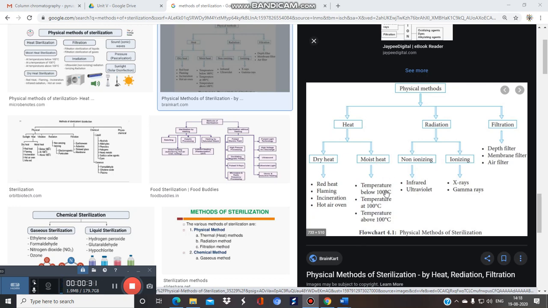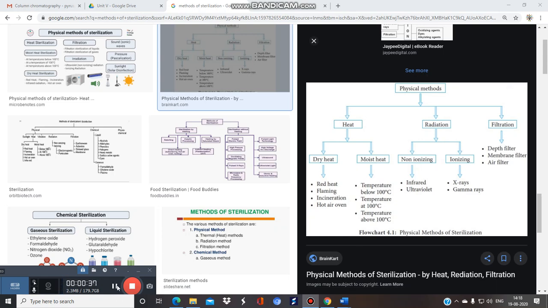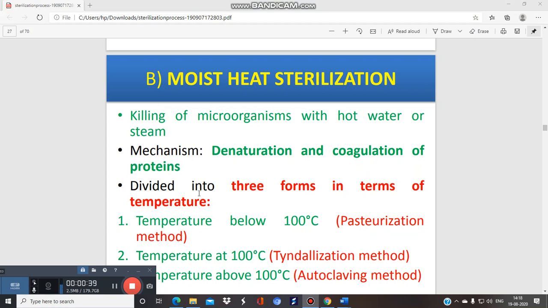As you can see, moist heat is divided into three methods, according to their temperature ranges. It has a mechanism of denaturation and coagulation of protein. It causes the denaturation and coagulation of the bacterial protein, and hence results in its disruption.